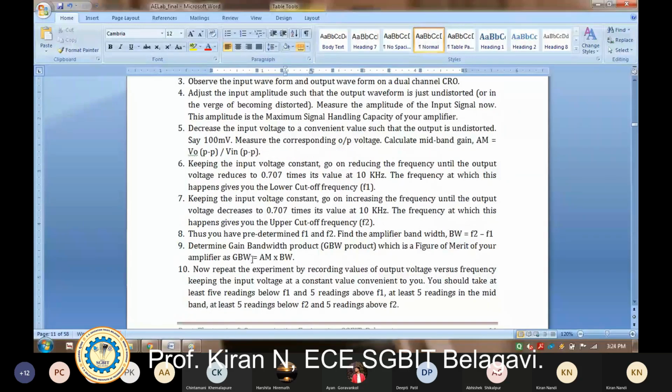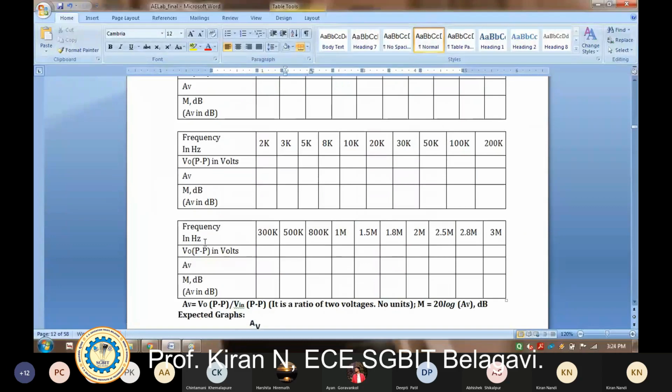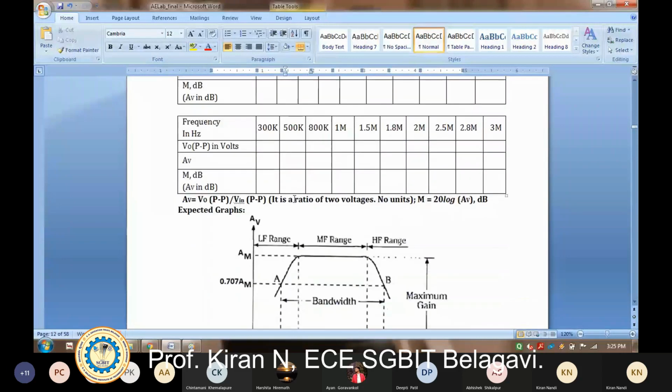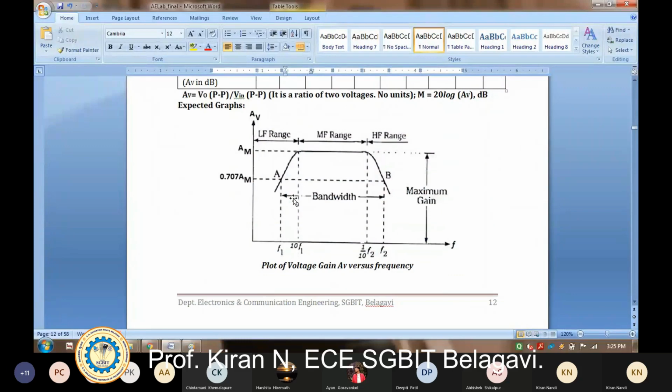We shall see that procedure once we start the practical. At different frequencies we need to find the responses. This is how we need to obtain the nature of the graph. So initially, as I go on, you can see the pointer here.